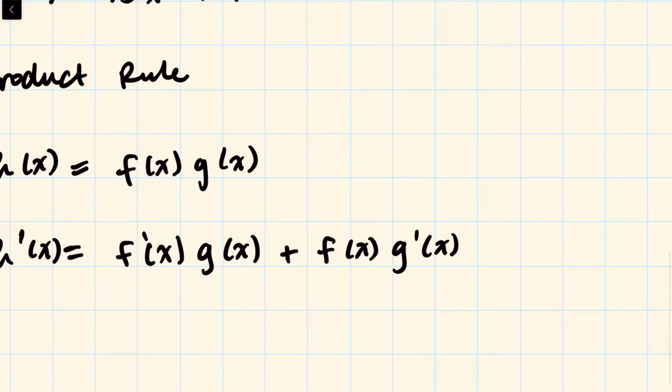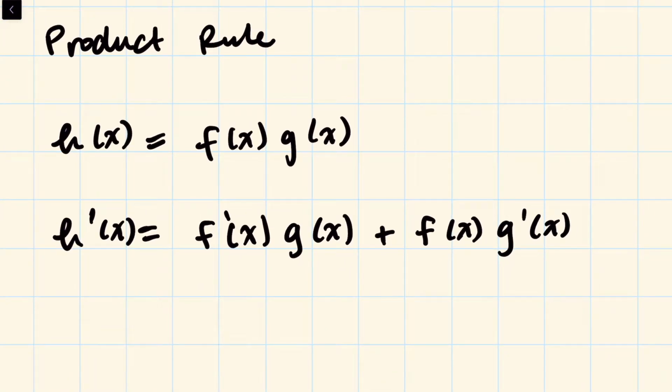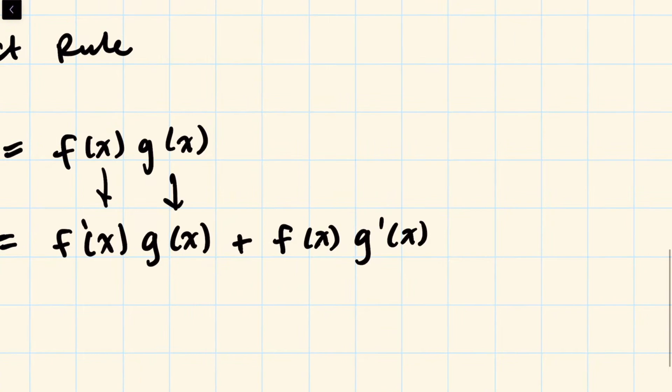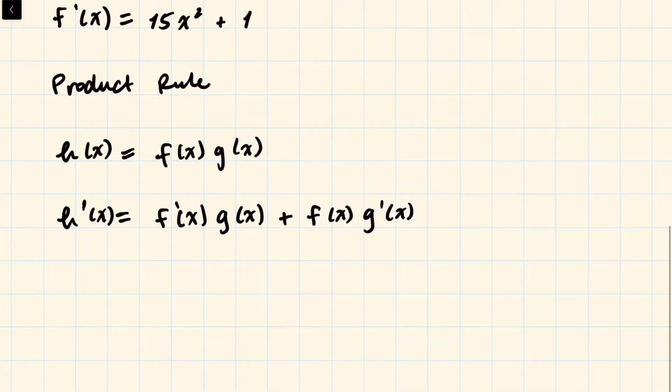A nice way I like to remember this is right d left, and then left d right, with the d meaning a derivative here. So right d left, left d right.